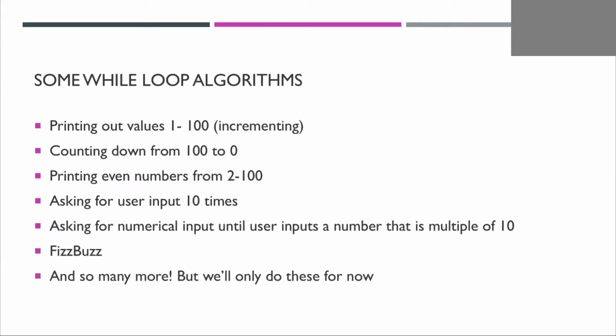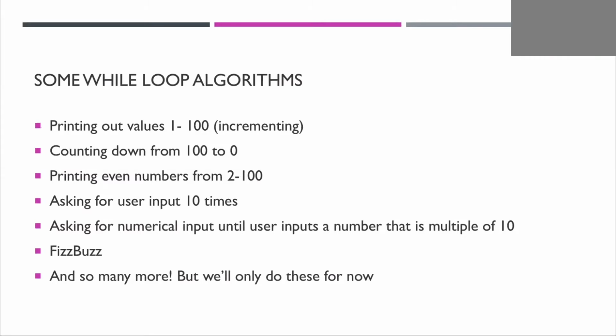We're going to use loops to do this. Then we're going to count down from 100 to 0, so 100, 99, 98, 97, 96. Once again, potentially 101 lines of code, so we're going to use while loops. Then we're going to print out even numbers from 2 through 100: 2, 4, 6, 8, all the way up to 100.